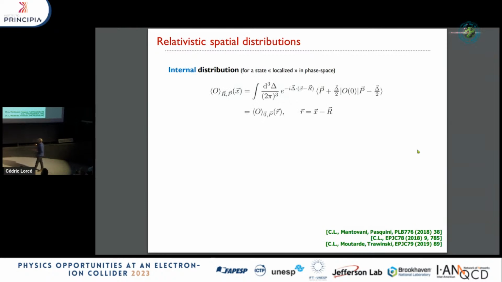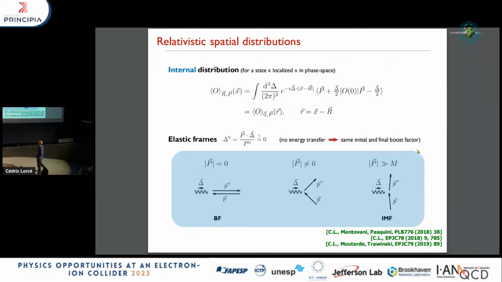So what we are interested in is the internal distribution for a state that is localized at position R and momentum P. I can use translation invariance to set the system at the origin, and what I'm only interested in is the relative position with respect to the center of the system. What we require here is that I work in a subclass of frames, essentially the frames where I do not give any energy to the system.